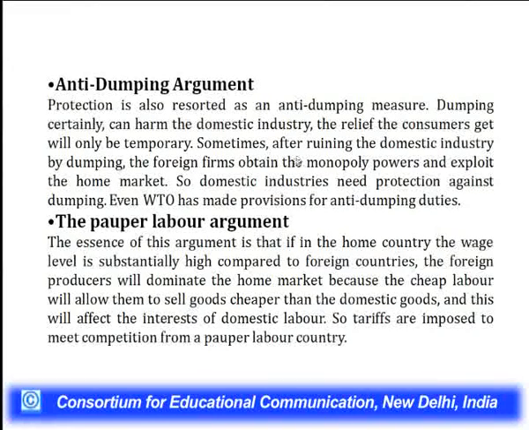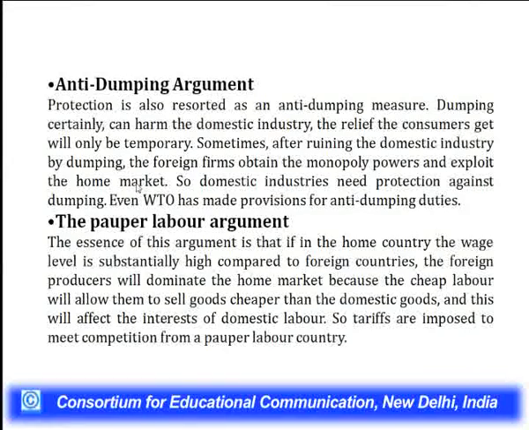Sometimes, after ruining the domestic industry by dumping, the foreign firms obtain monopoly powers and exploit the home market. So, domestic industries need protection against dumping. Even the WTO has made provisions for anti-dumping duties.